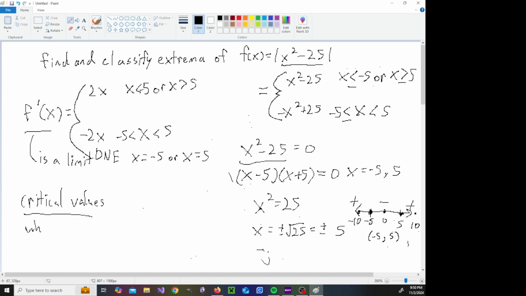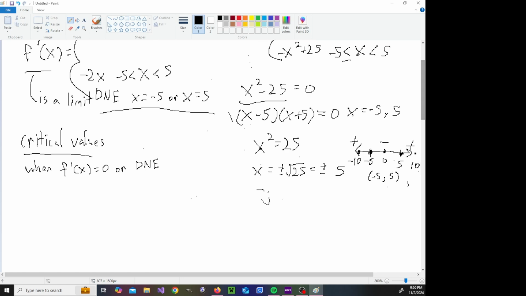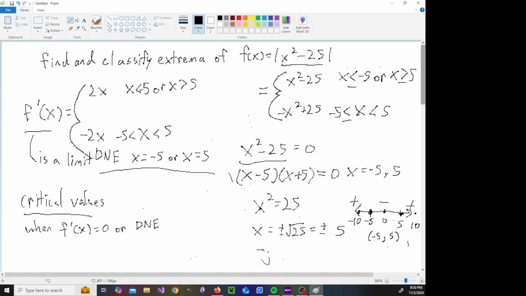Well, we remember that is when the derivative is equal to 0 or does not exist, which is my whole point in emphasizing the fact our derivative doesn't exist at these two values, because we do have critical values where the derivative does not exist. So for the does not exist reason, we automatically see x equals negative 5 and positive 5.